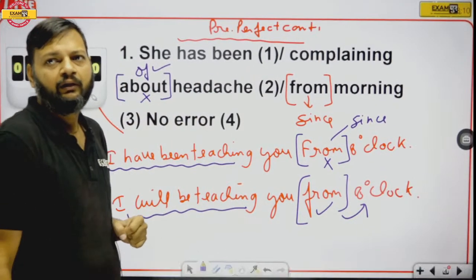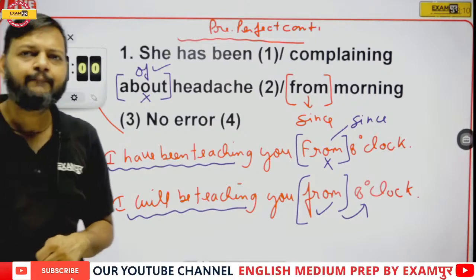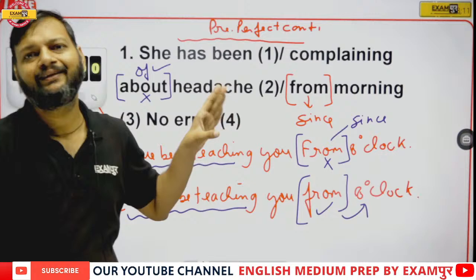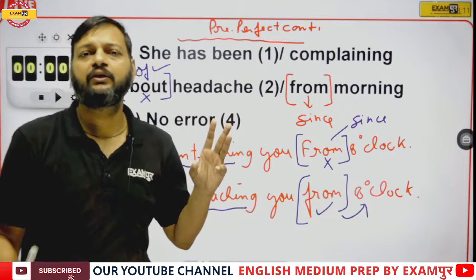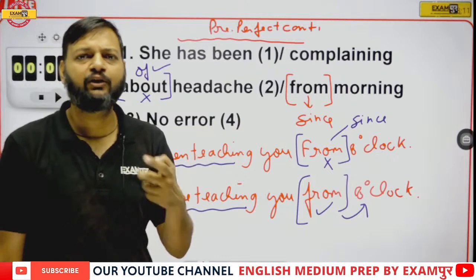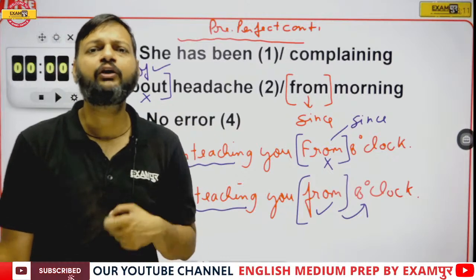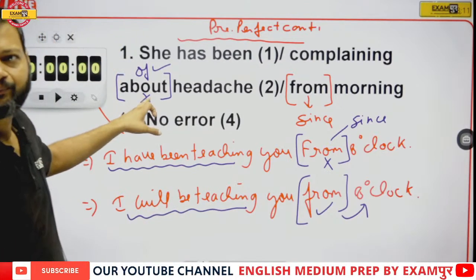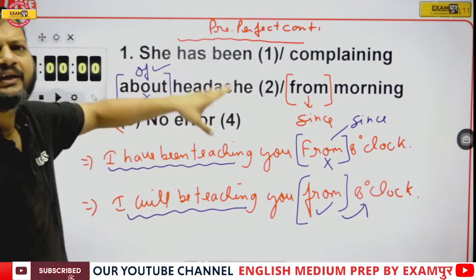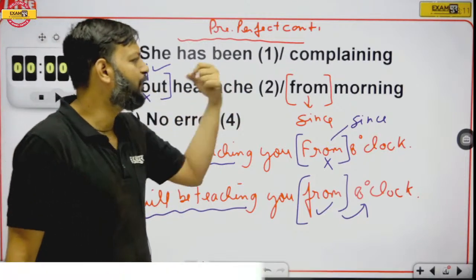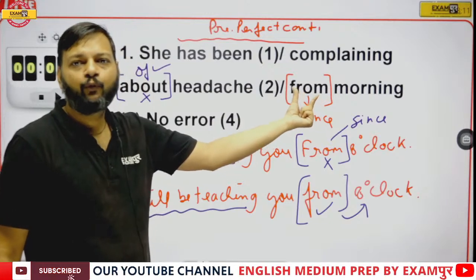Now many students must be thinking, if this sentence were there in the examination, what should we do? Because there cannot be two errors in a sentence. So what can we do? Simply, you have to avoid this one. If the same sentence is in an examination, you have to avoid this and answer this. Why?